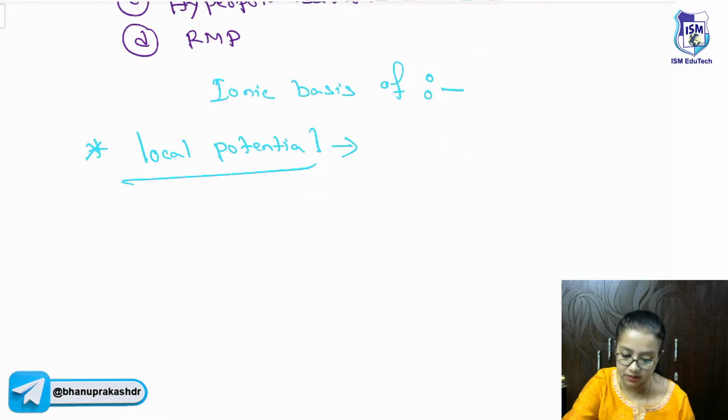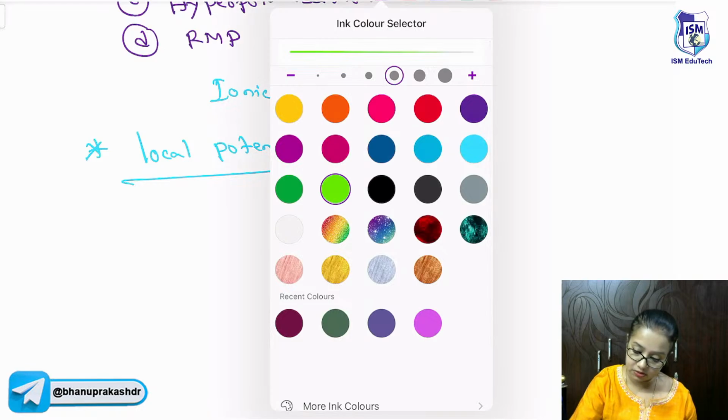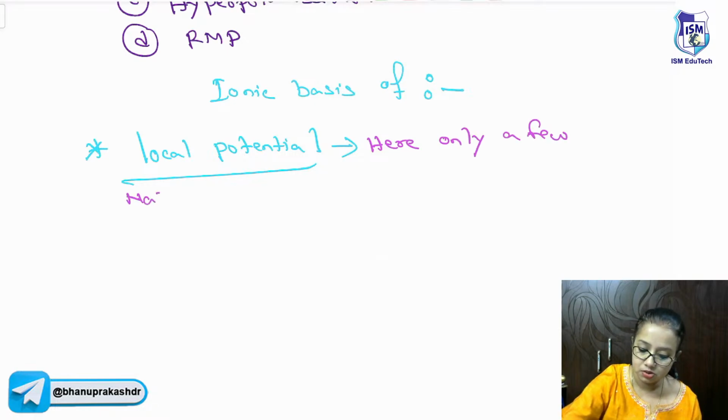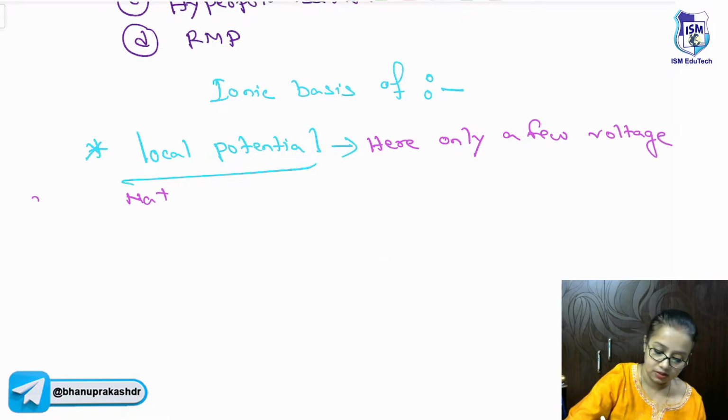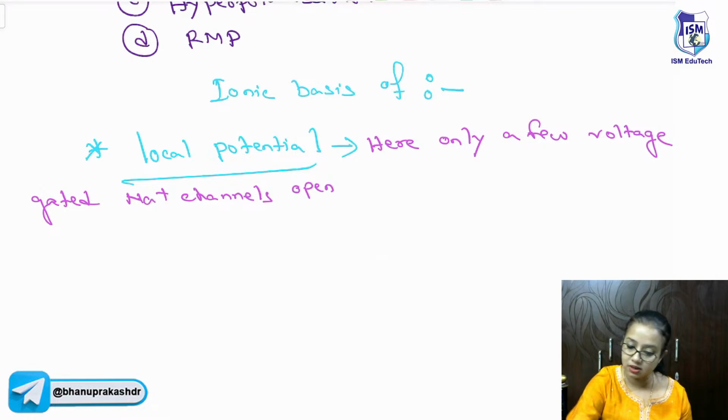What is actually happening? The ionic basis of this local potential is that only a few voltage gated sodium channels open.